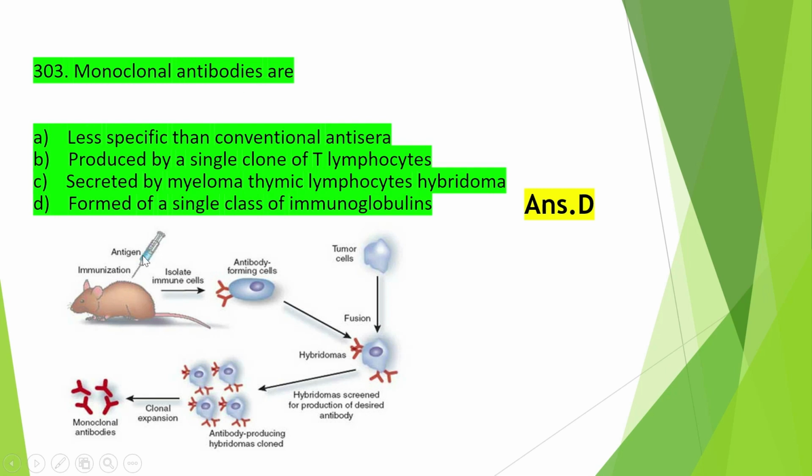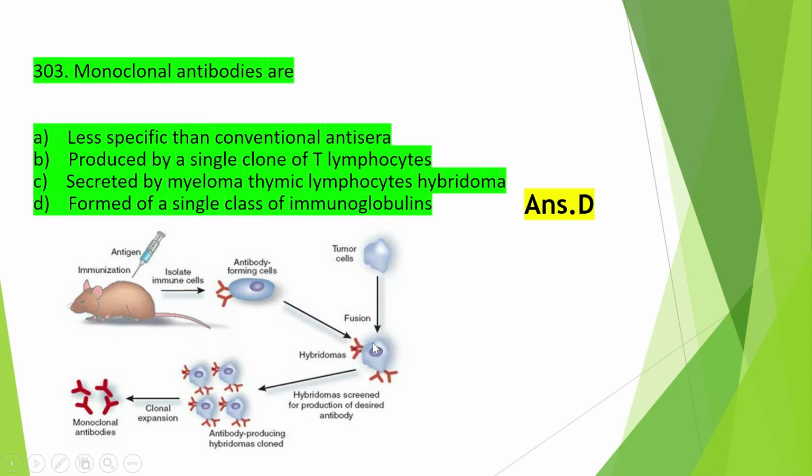At first we have to inject an antigen into a mouse. The mouse raises an immune response, that means the mouse raises antibodies. Then isolate the immune cells, that is the antibody forming cells, and fuse these antibody forming cells with tumor cells.